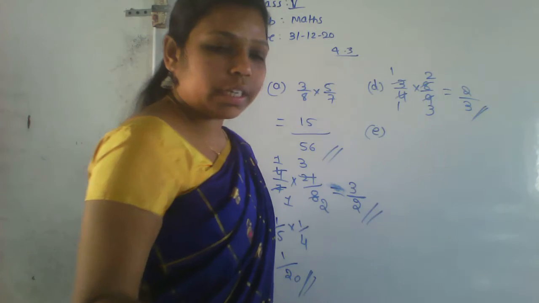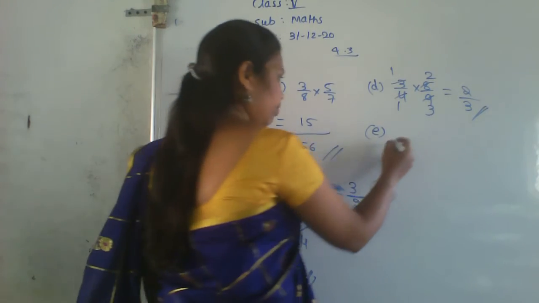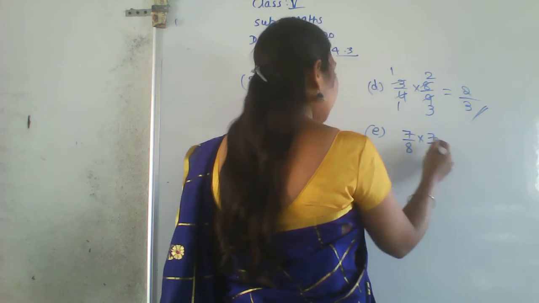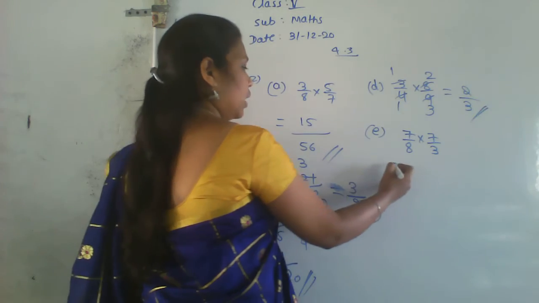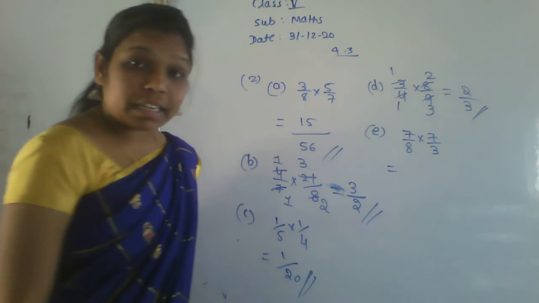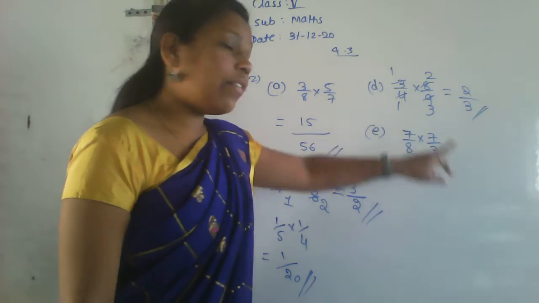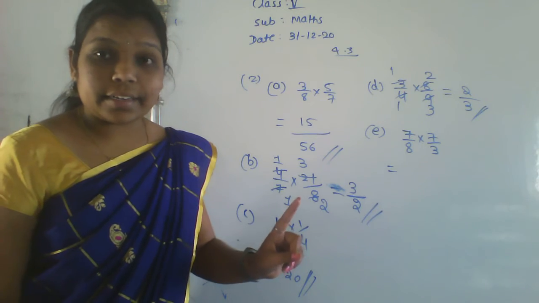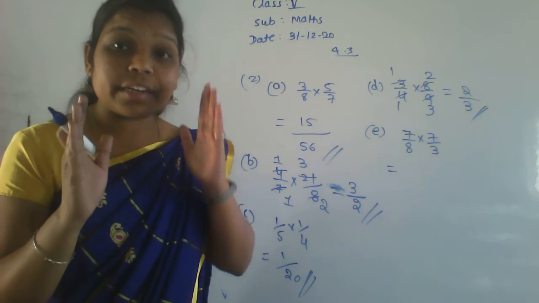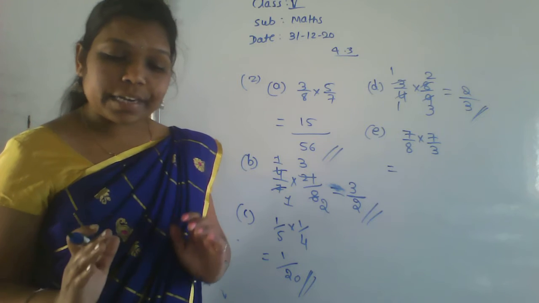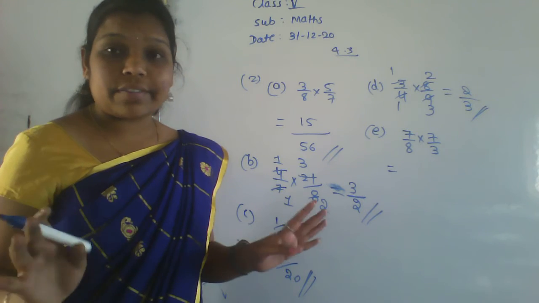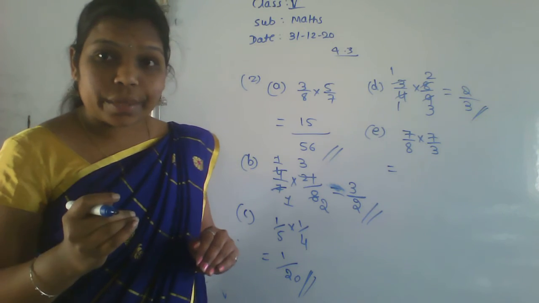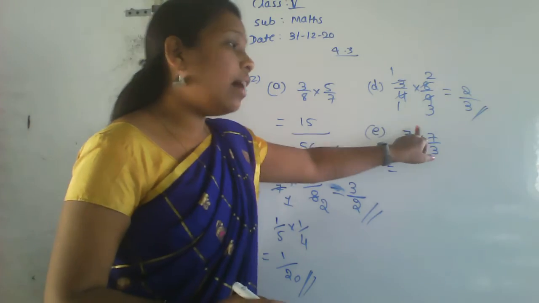What is the next question here? 7 by 8 into 7 by 3. Whether they are in the same table, see here, the 7s are in the same table, but both are in the numerator. We can't divide numerator to numerator and denominator to denominator. We only have to divide numerator to denominator values, but both are in the numerator.